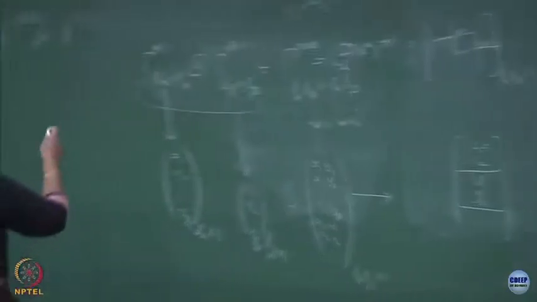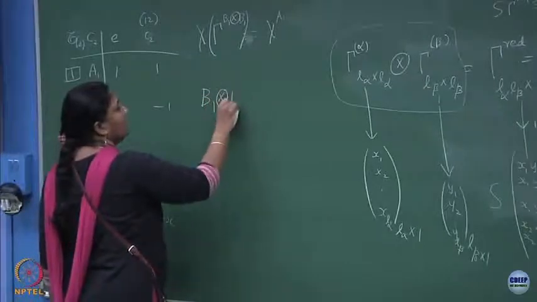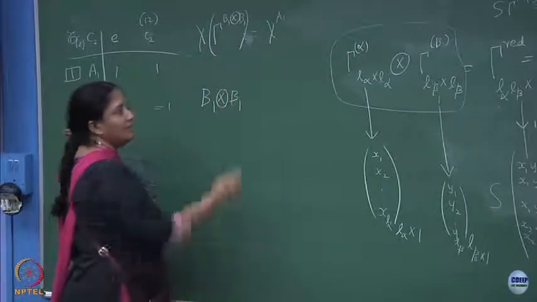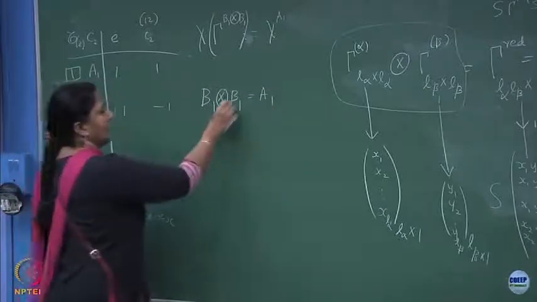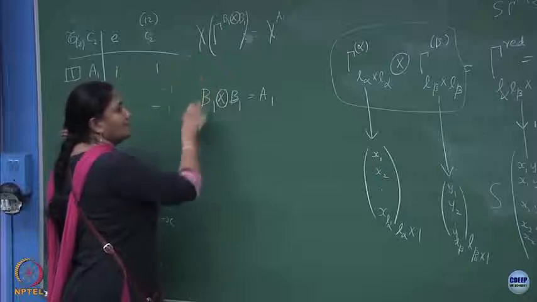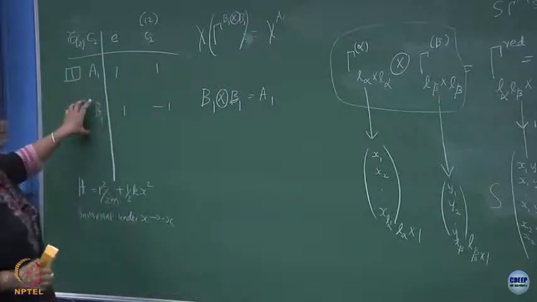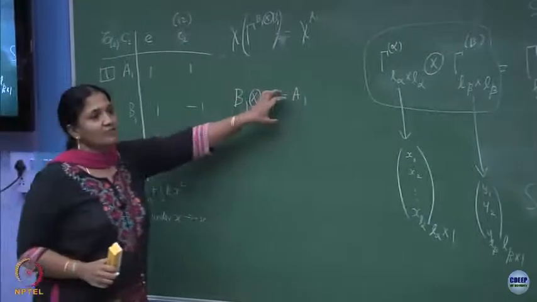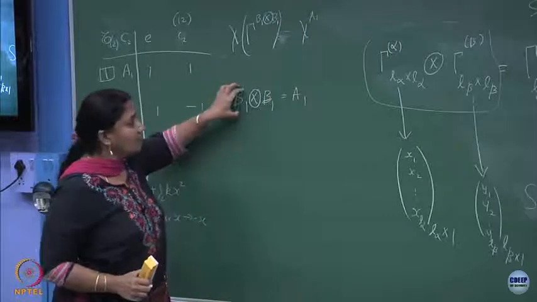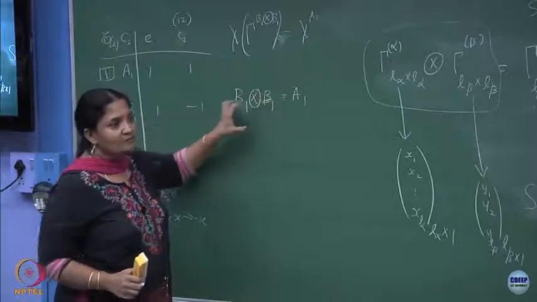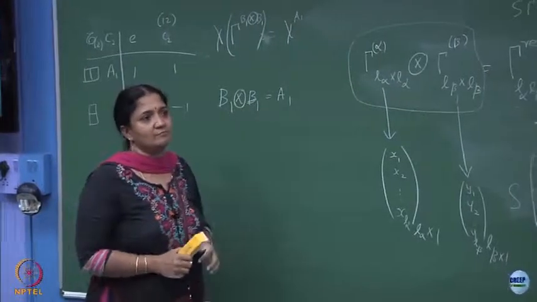So, what I have shown here is that the shorthand notation which typically people write is B1 cross B1 will give you A1. Okay. So, I am not writing gamma subscript B1, many times they write only the Mulliken symbols. So, if you take product of these two, you will get an A1 basis. So, the basis of B1, if you just put it together, belongs to A1 and not to B1.